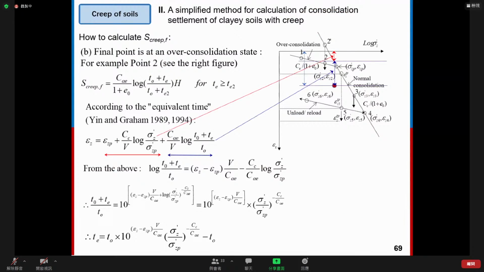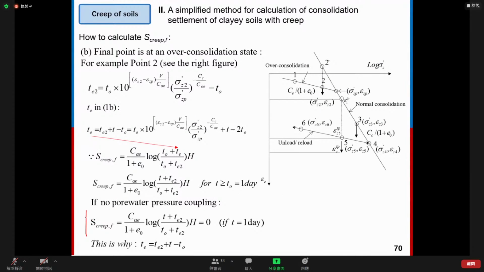right? And in this case, if the final state is on the over consolidation line, for example, point 2 here, we normally use this equation to calculate S-creep final, okay? This equation. The only thing we need to calculate more is TE2, the equivalent time at point 2, okay?